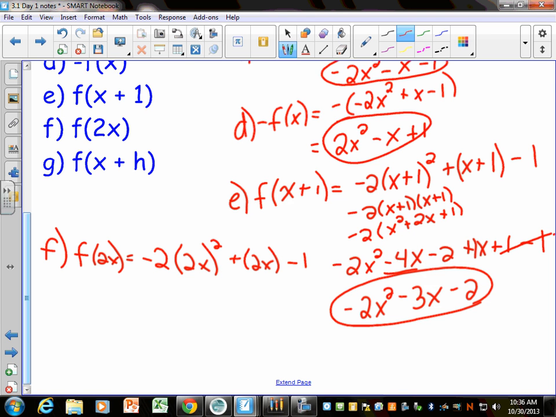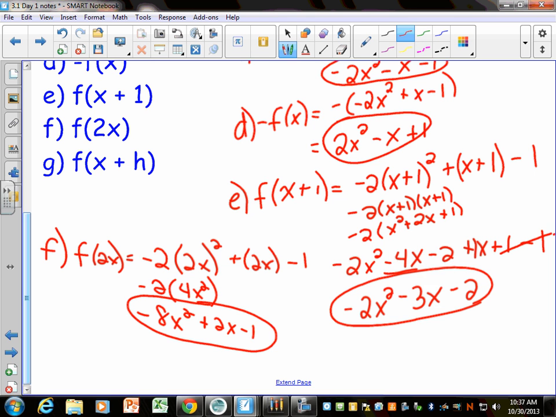Biggest mistake I see on this is people multiply these 2's together before they square it. Remember, order of operations, you have to do exponents first. So don't say negative 2 times 2 squared. Right? You have to do 2x squared first, then multiply it to get negative 8x squared plus 2x minus 1. Listen for that part.